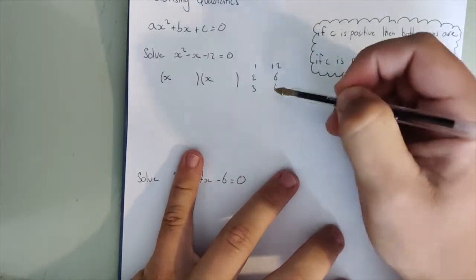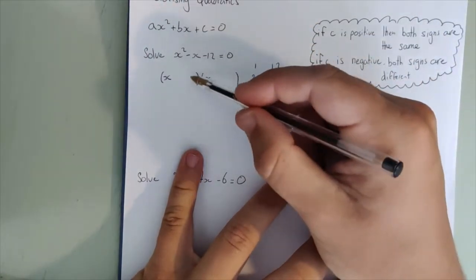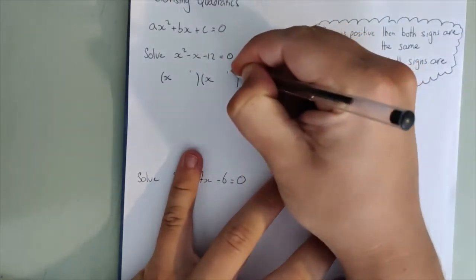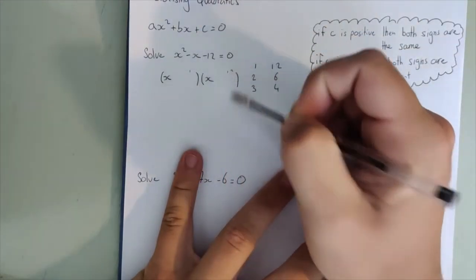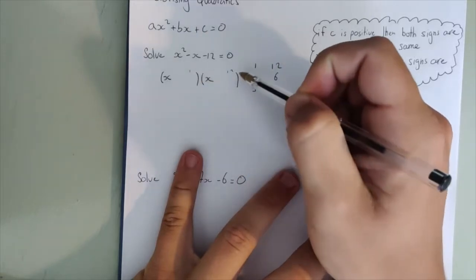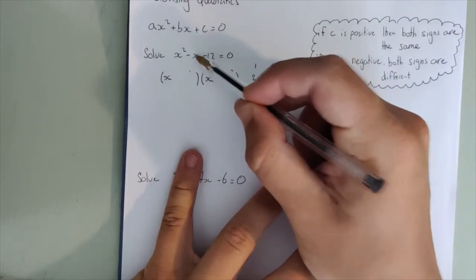So when we're looking at all these, we can sub them in and think about what would happen. If we had a 1 and a 12, we would get 12x and we would get 1x, and there's no way that you can subtract those to give you the x that we want.